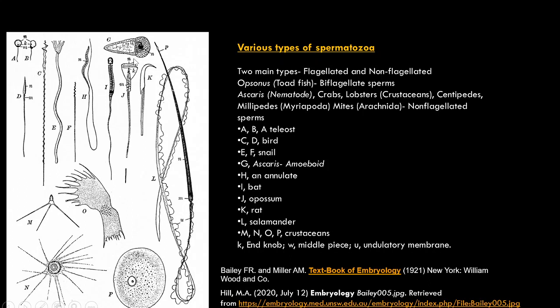H belongs to an annelid. I, bat. J is an opossum. This K type is in rat. This L type sperm is present in salamander. M, N, O, P all are crustaceans, all are non-flagellated.